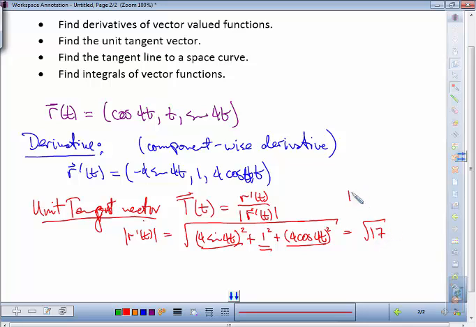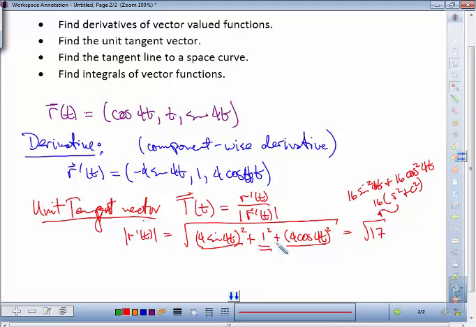If you want, you've got 16 sine squared 4t plus 16 cosine squared 4t. That becomes 16 times sine squared plus cosine squared, which we know is equal to 1. And then plus 1 is 17.